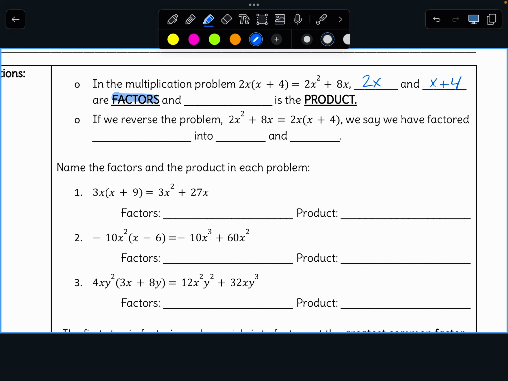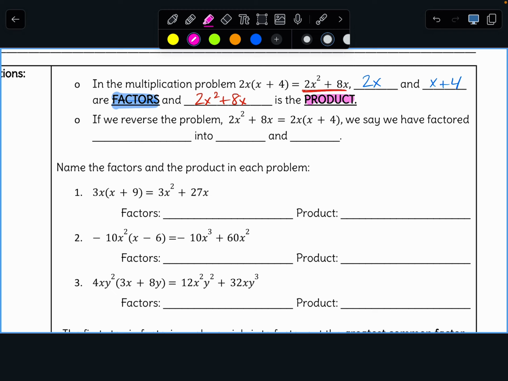These are considered the factors. And 2x squared plus 8x is the product. So that's how we talk about those. We've got factors, the pieces that make up the product, or the biggest part.